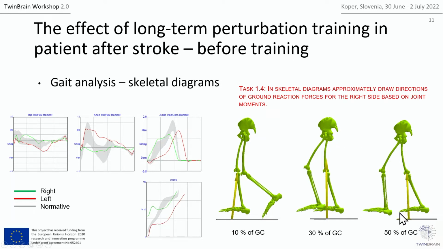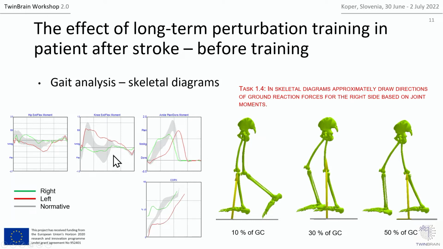In the terminal stance, we see that this is the end of the support. The center of pressure is shifted towards the toes. What we notice is the peak ankle plantar flexor moment here. If there is a peak ankle plantar flexor moment, the ground reaction force has to be farthest away in the anterior direction.